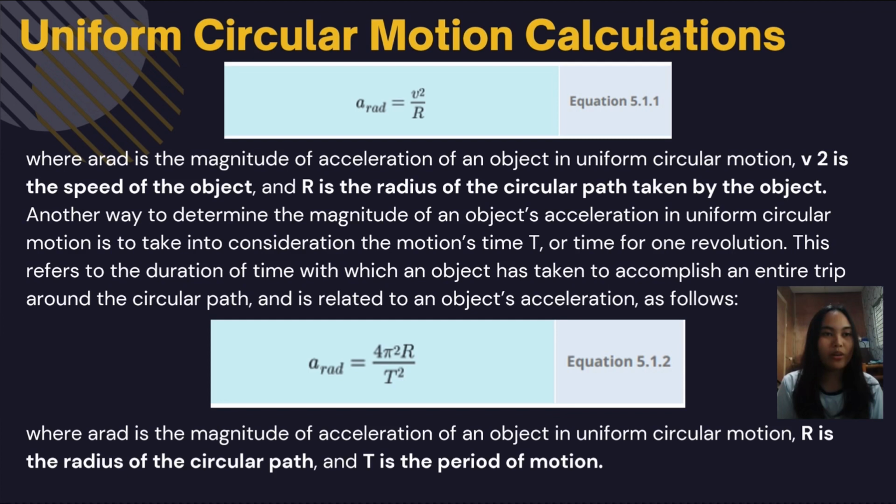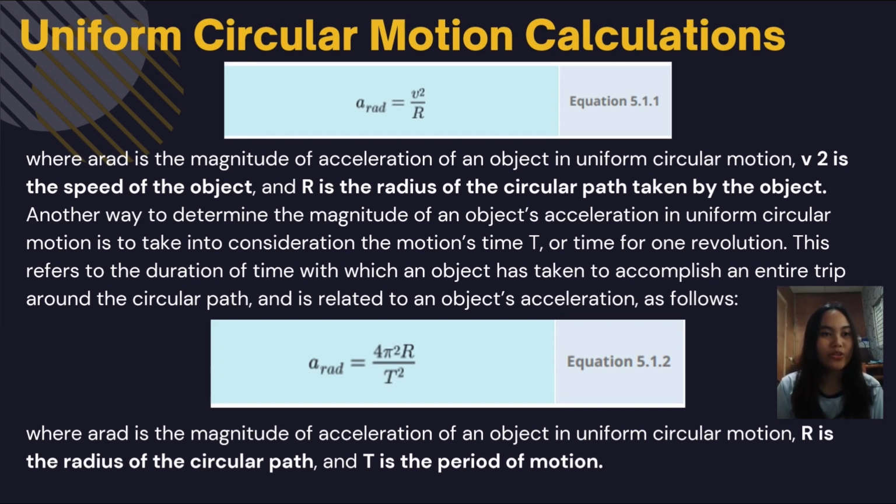Another alternative for this formula to determine the magnitude of an object's acceleration in uniform circular motion is to take into consideration the motion's time, or time for one revolution.